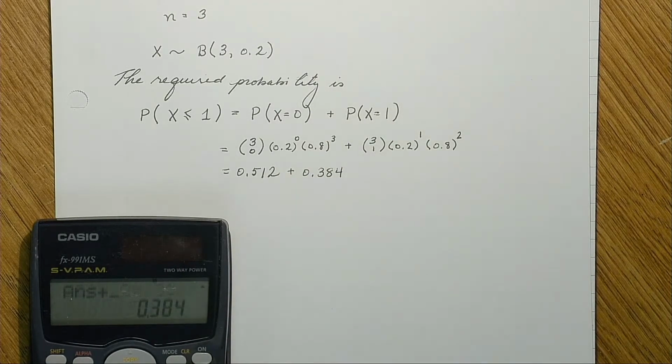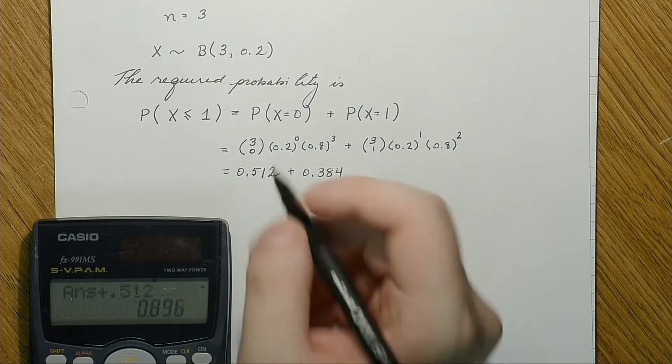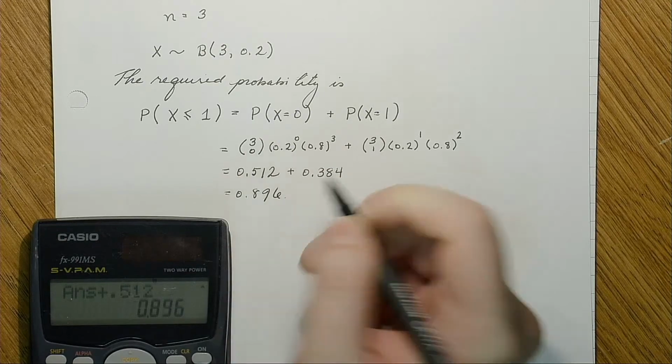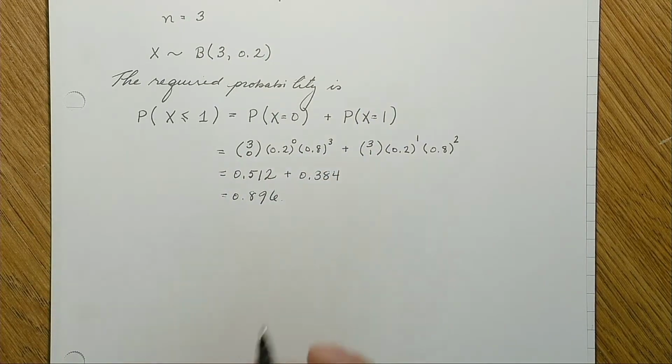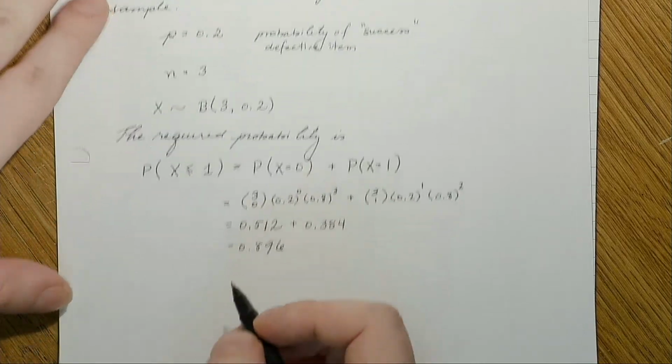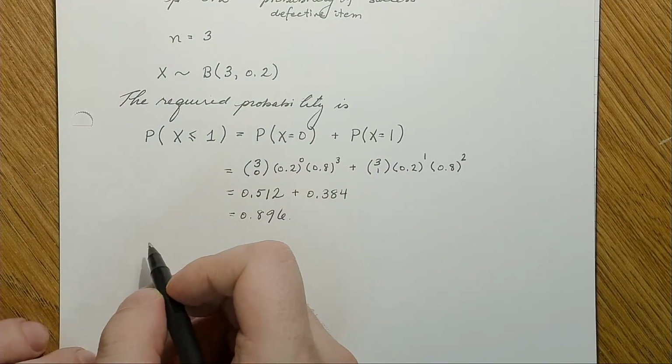And if we add those together, we get a probability of 0.896. So again, the probability that in a sample of 3 at most 1 will be defective is 0.896.